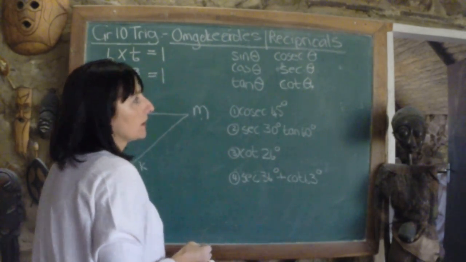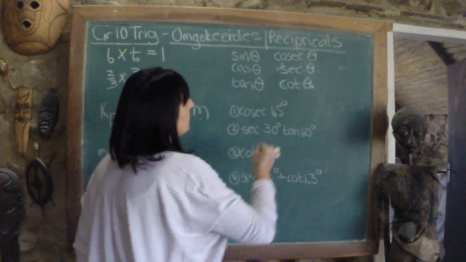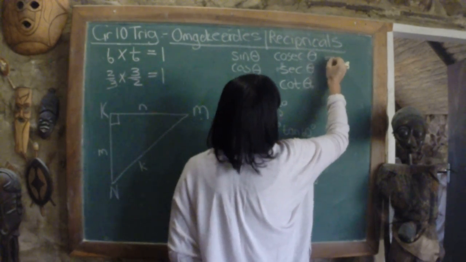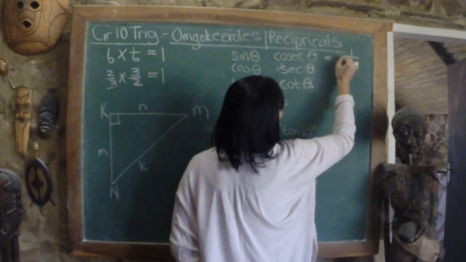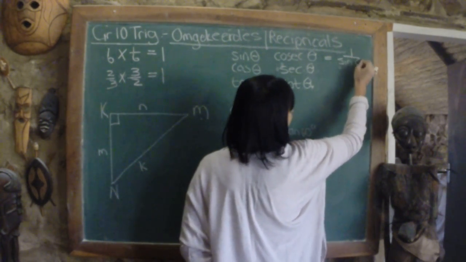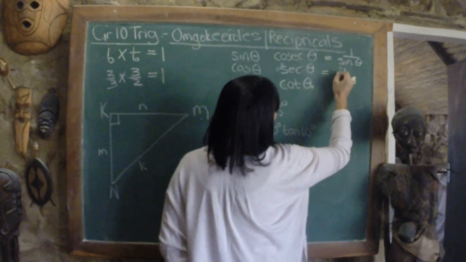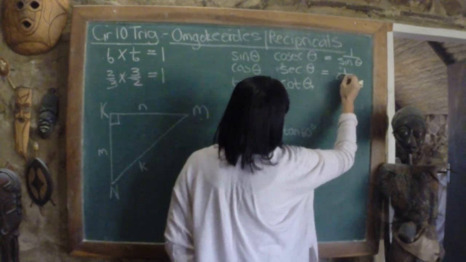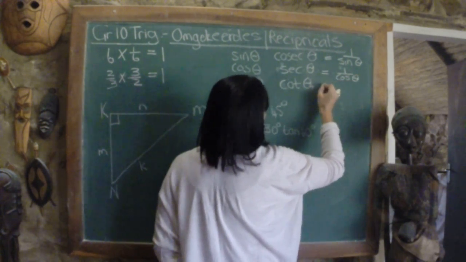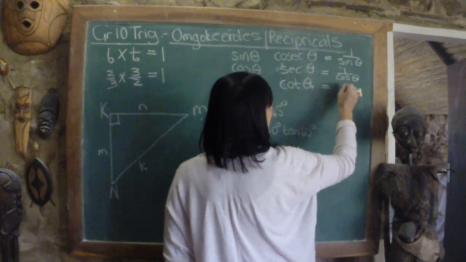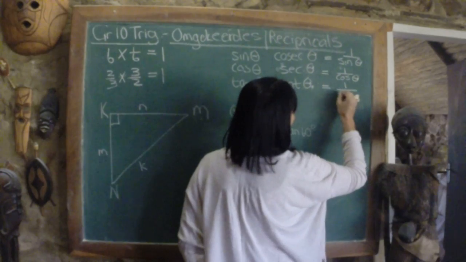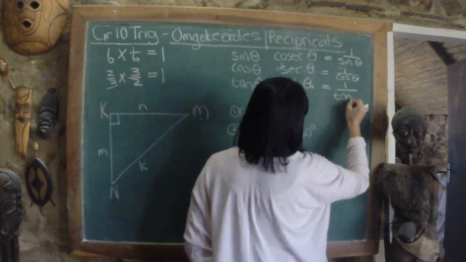So dit beteken dat cosec theta gelyk is aan 1 op sin theta. Very important. Sec theta is 1 on cos theta. And the last one, cot theta, equals 1 on the tangent of theta.